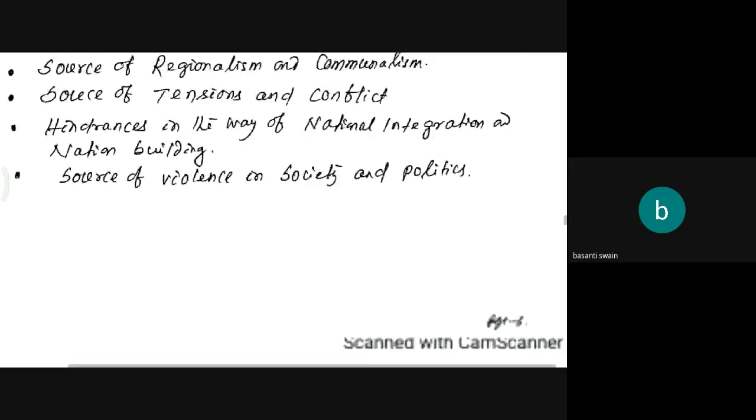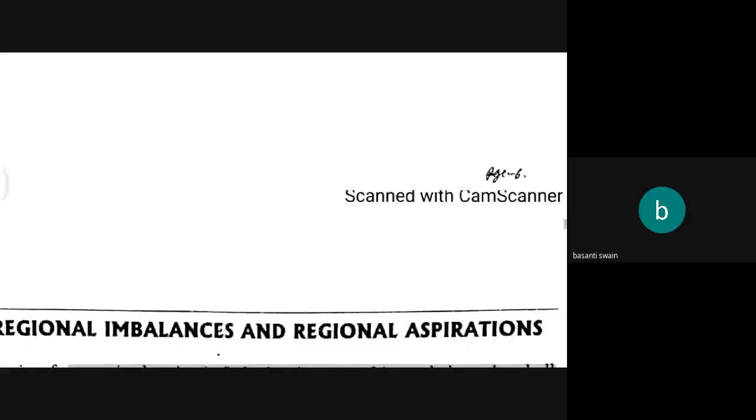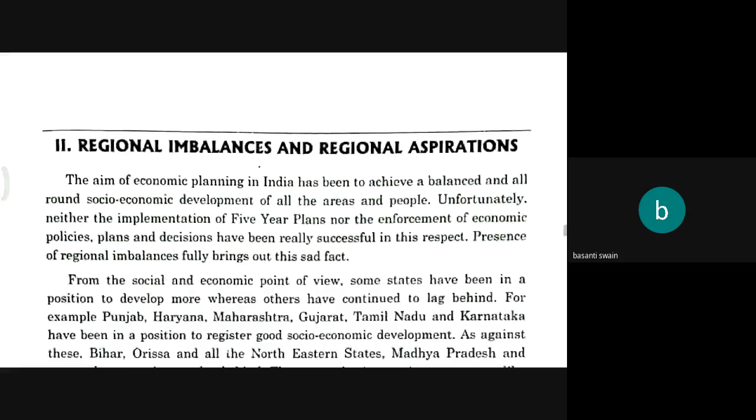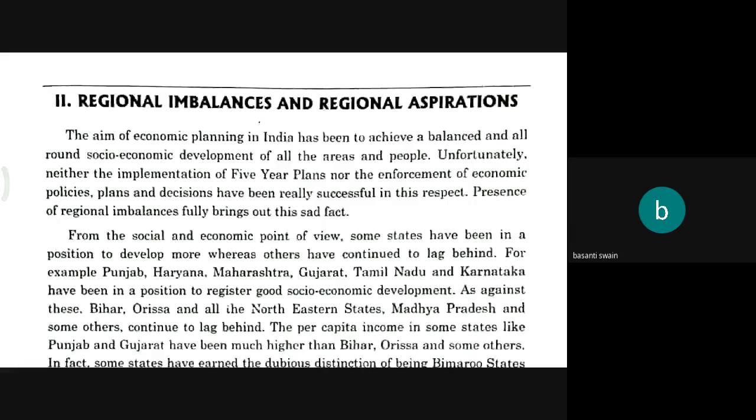Why are regional imbalances created among the people? From the social and economic point of view, some states have been in a position to develop more, whereas others have continued to lag behind. My dear students, again I am pointing out the aim of economic planning in India has been to achieve a balanced and all-round socio-economic development of all areas and people.